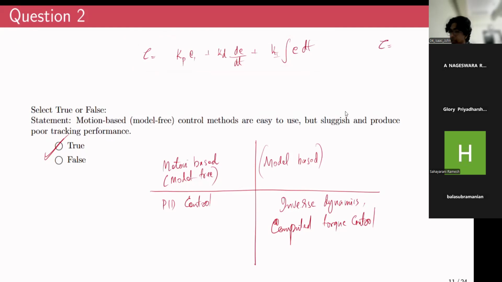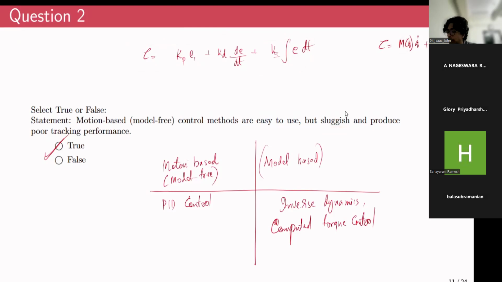Because a model can be depicted by this dynamic equation of motion, M of q multiplied by q double dot plus N of q multiplied by q dot. Then if there are other terms, you can model those as well. So if you take a look at this PID control law, there is no information regarding the model, no information regarding the physical properties of the system. So the main disadvantage is that it will be sluggish.